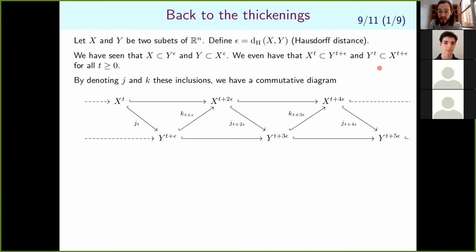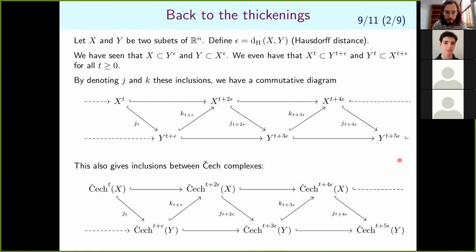Okay, I have thickenings. Now I will triangulate them, or I will rather weakly triangulate them. The thickenings are unions of balls. I take the nerve. I obtain the Čech complexes, right?